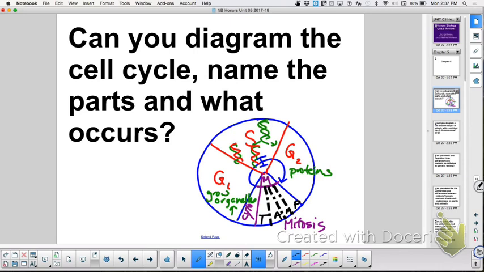Okay. So when we say, can you diagram the cell cycle, name the parts and what occurs? So when you diagram this out, you just want to have the big idea of what's going on and why. This little mitotic dance, the chromosomes right here, it's just so you can keep track of the chromosomes so you make sure each daughter cell gets an accurate copy.